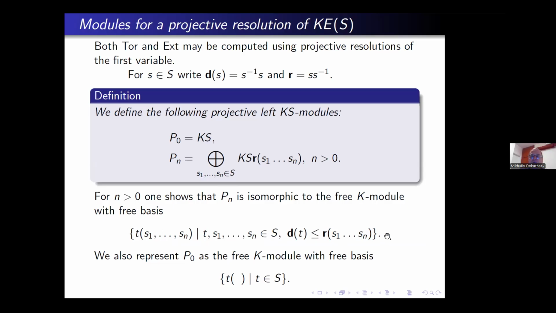So this restriction we impose, and then one can check that this free K module is isomorphic to Pn for n bigger than 0. And if n is 0, then we just write T and this empty bracket. So this is going to be this free K module.